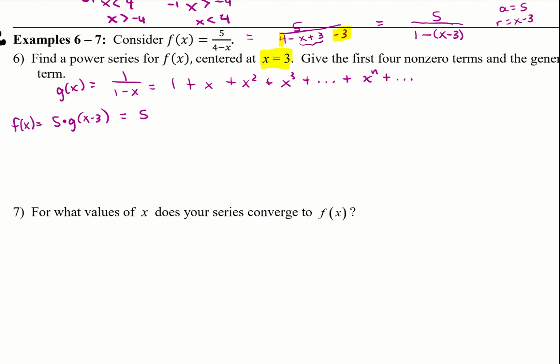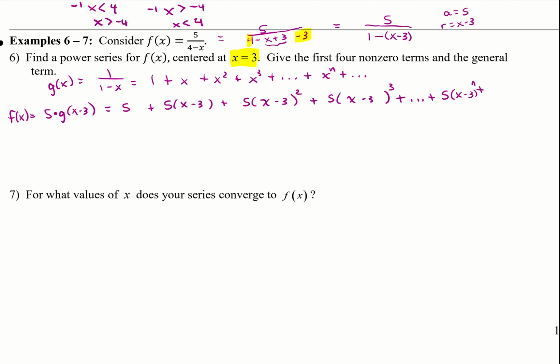So I will do 5 times 1, which is just 5, plus 5 times x minus 3, plus 5 times x minus 3 squared, plus 5 times x minus 3 cubed, plus dot dot dot, plus 5 times x minus 3 to the power of n, plus dot dot dot. And so I have my first 4 non-zero terms, 1, 2, 3, 4, and I have the general term, so I'm done with that one.